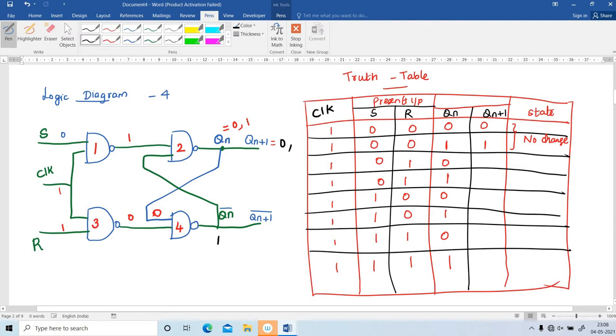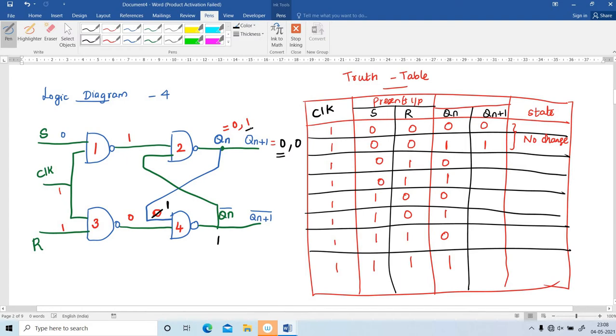And next 1 is applied. So instead of 0, we have to apply 1. 0 into 1, again 1. 1 is connected, again we will get a 0. So present state is 0, at that time the next state is 0.